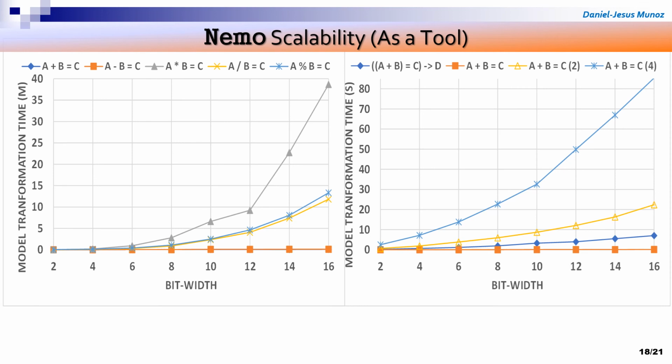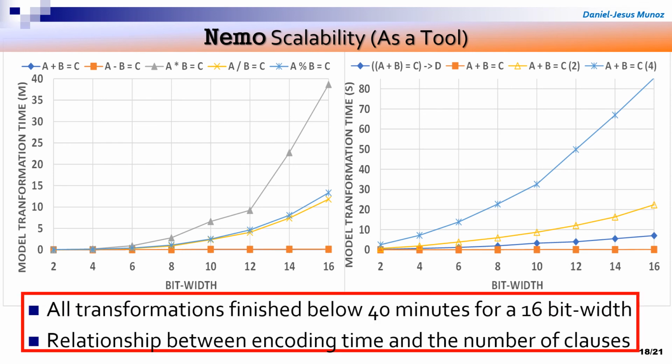That takes even more, double the multiplication, which we didn't expect at the beginning. Hence, all transformations finished below 40 minutes for up to 16-bit width. Also, the relationship between encoding time and the number of clauses is there.